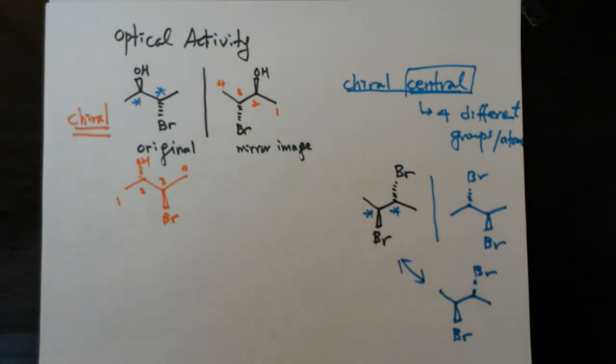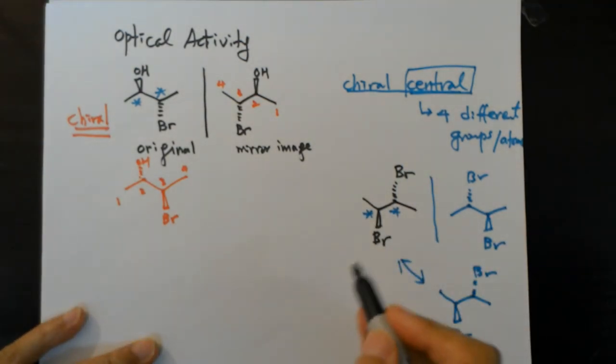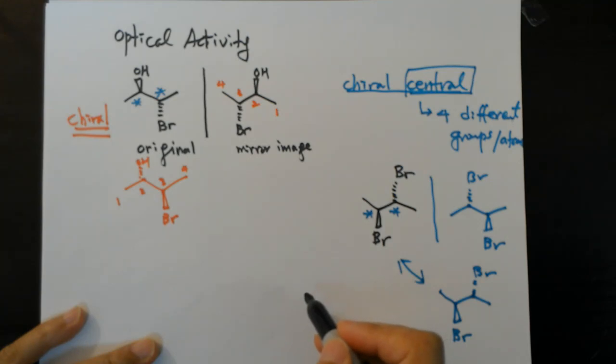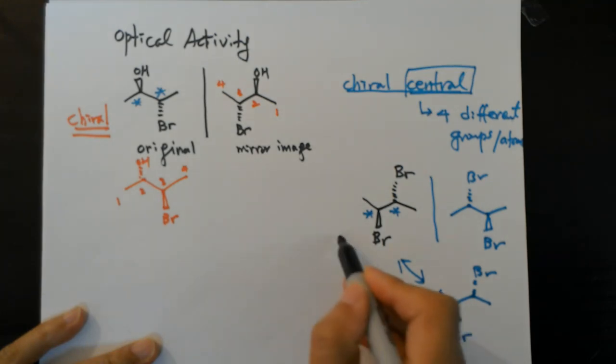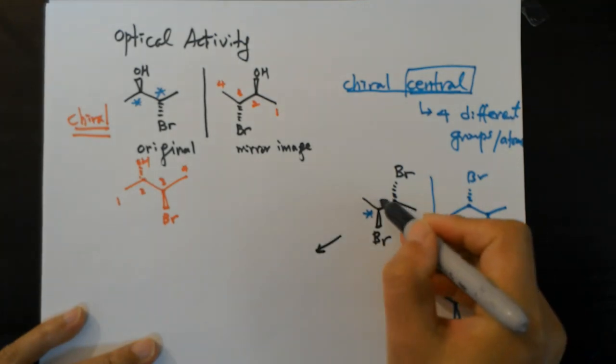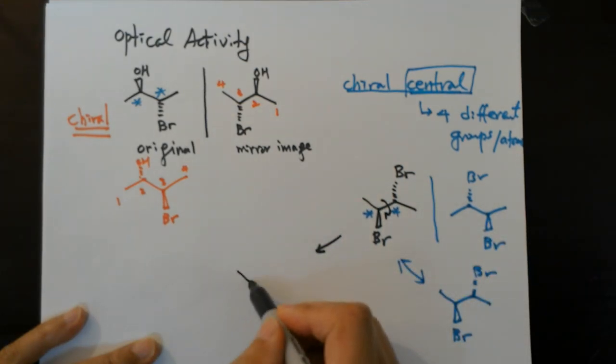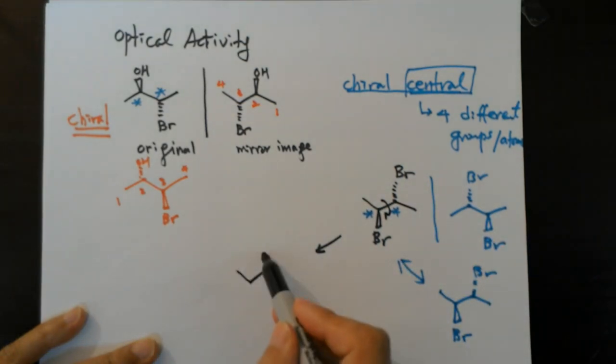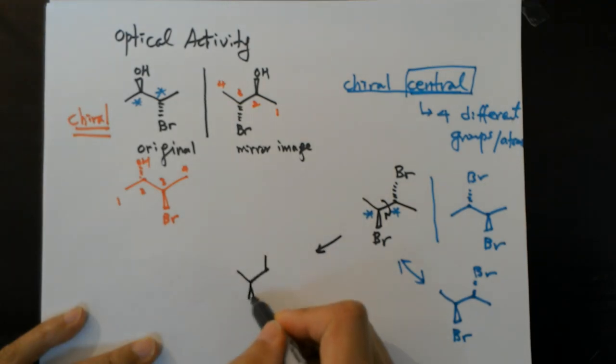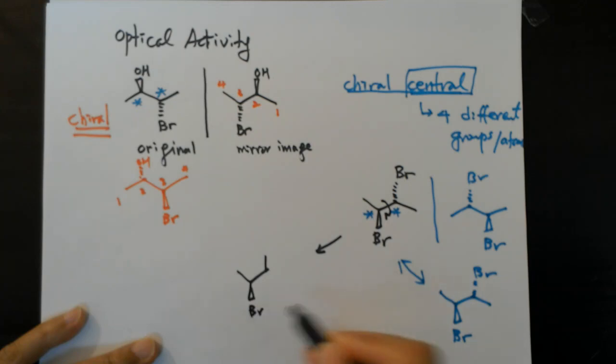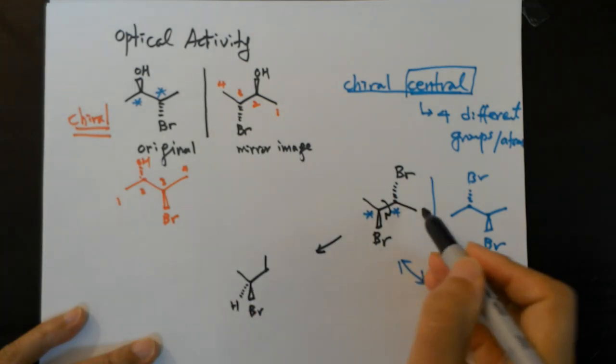If you draw this in a Newman projection or Fischer projection, you should have them eclipsed. So let's have them eclipsed. Here, by spinning around this bond this way, I have these two CH3 groups eclipsed, and this stays the same, Br, and there is a hydrogen, and the methyl group comes up.